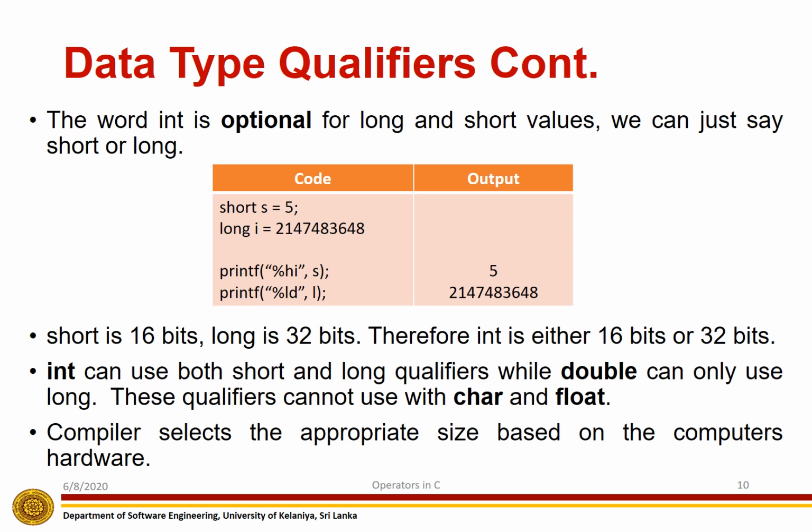It means short is 2 bytes and long is 4 bytes. Therefore, an integer can be either 16 bits or 32 bits. And earlier also I have mentioned that the size of these types may vary from compiler to compiler according to the computer's hardware. So it cannot be told exactly this is the range. It can be different from machine to machine.